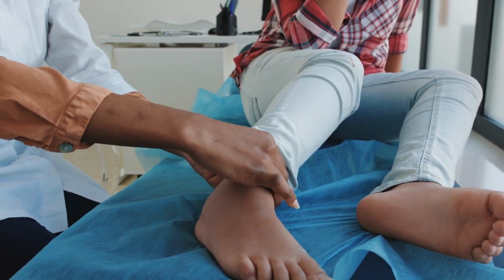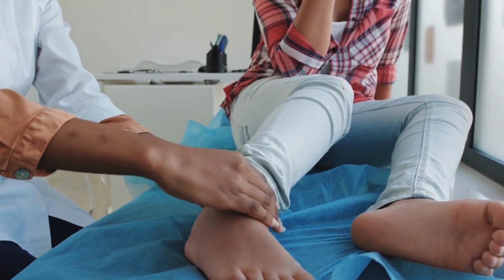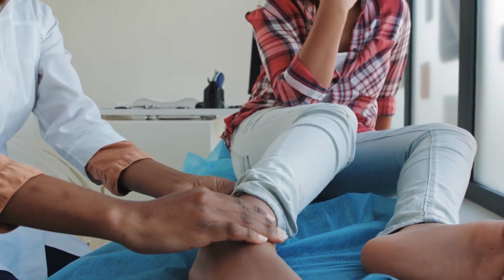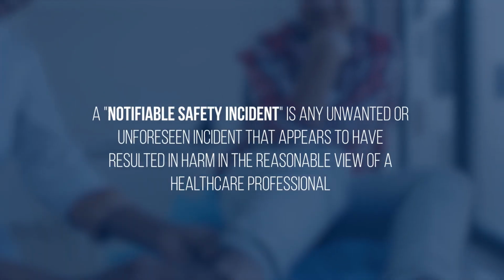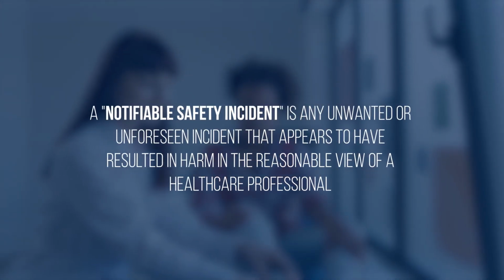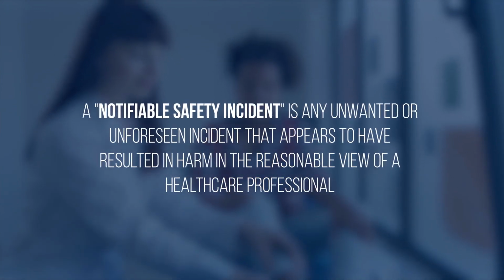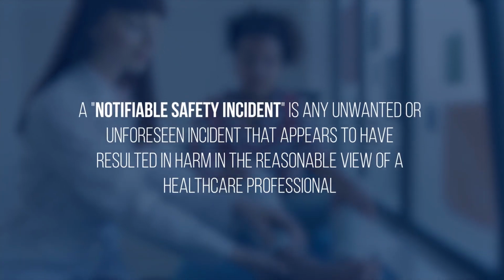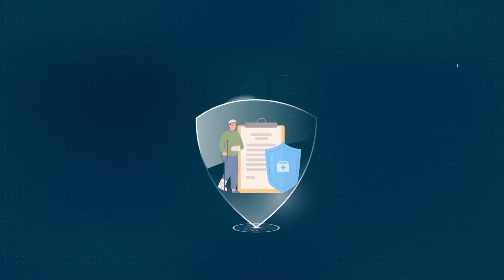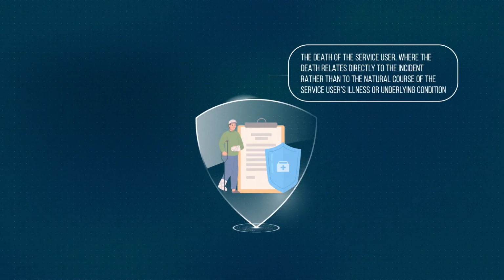On the contrary, in the case of a registered person who is not a health service body, a notifiable safety incident is any unwanted or unforeseen incident that appears to have resulted in harm in the reasonable view of a healthcare professional. For example, the death of the service user, where the death relates directly to the incident rather than to the natural course of the service user's illness or underlying condition.